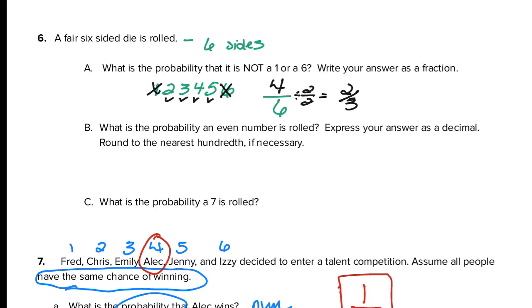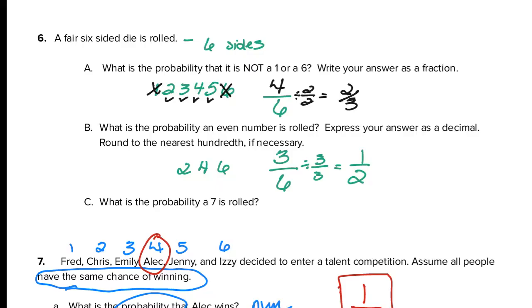Well, we still have the 6 sides total on the bottom for my denominator. The even numbers from all the numbers on the die, that is correct. Very nice. So that is 2, 4, and 6. That gives me a total of 3 choices. And if I simplify by dividing by 3 over 3, I get 1/2.